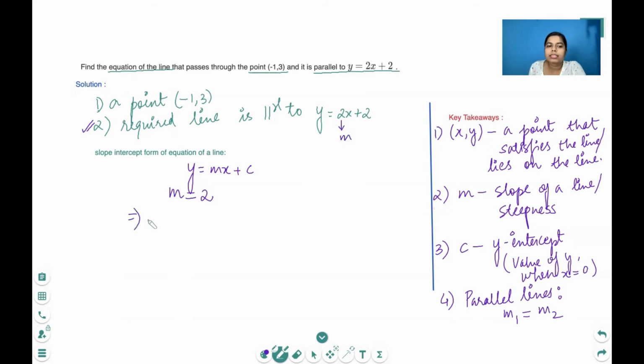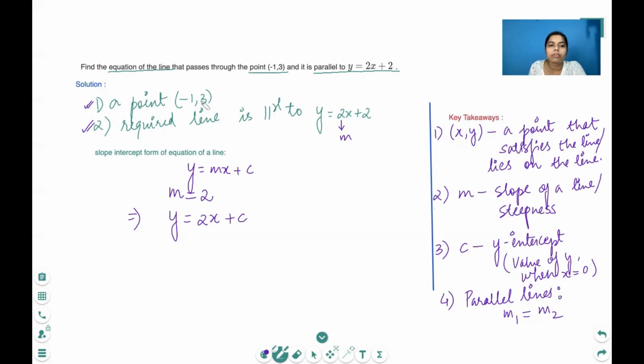Now, let's substitute the value and frame the line one more time. Now we only have one unknown, that is c. And we need to utilize the first information that was given to us as well, the point. What information did we write regarding a point? That (x, y) is a point that satisfies the line or lies on the line.